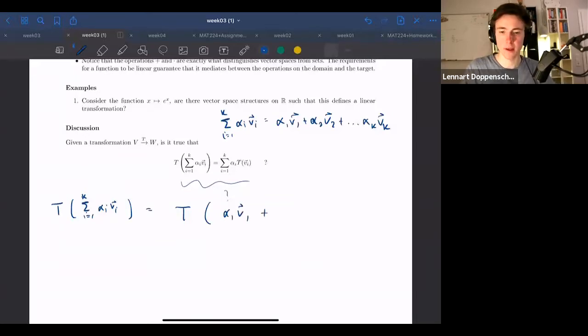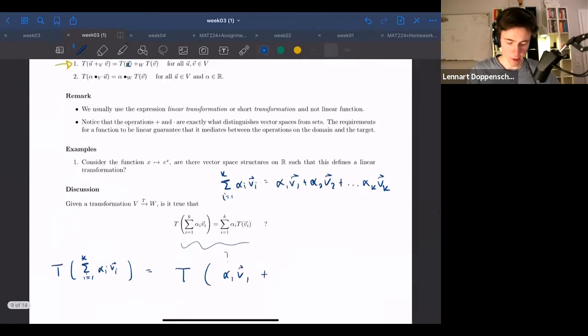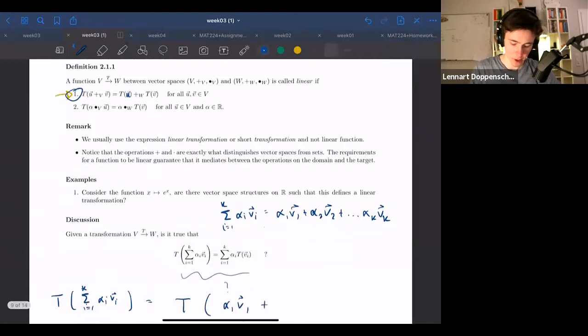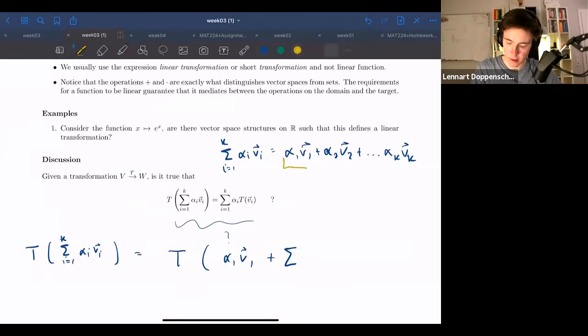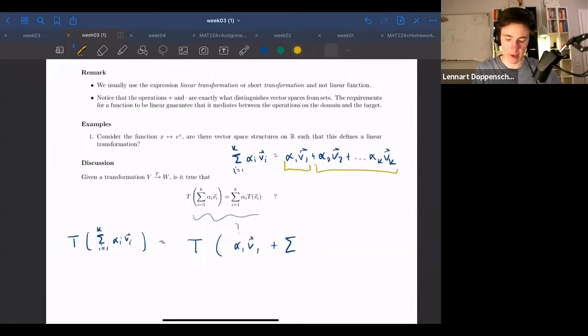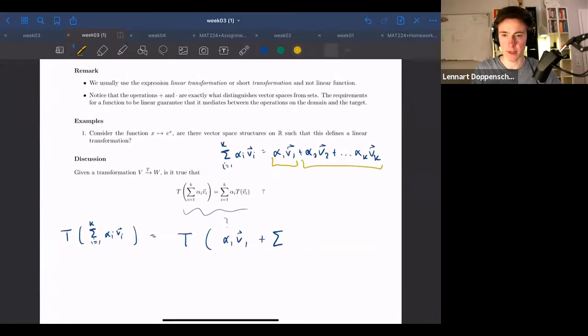So the idea is basically what Jancy just explained, that we iteratively repeat the property 1 that we have for the transformation. We view this large sum as just a sum of the first summand and all the others together. So we package them, and then we have reduced the problem to just having 2 summands, which is great because then we have the axiom 1.